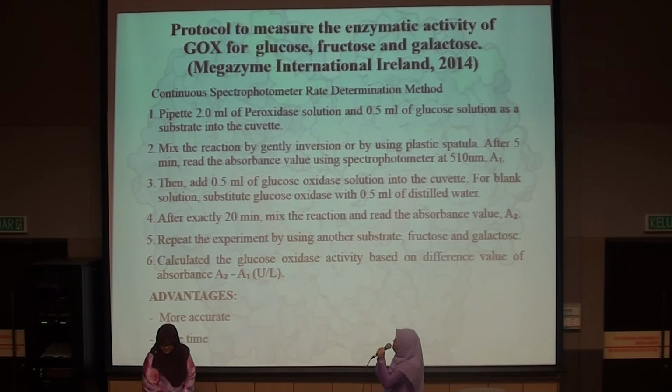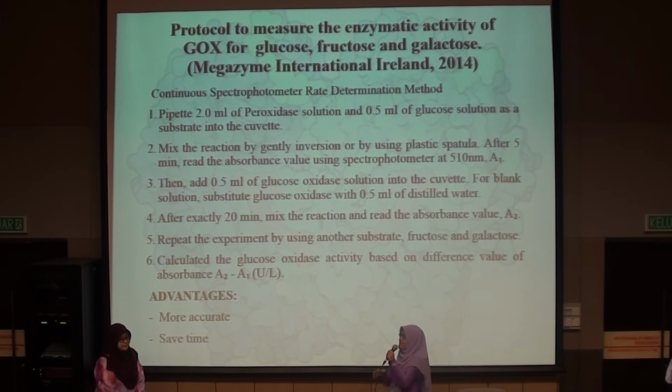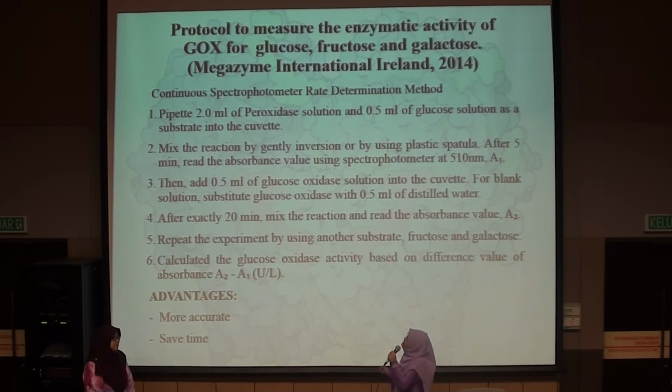Okay, task 3 asks for the protocol on how to measure the enzymatic activity of glucose oxidase on different substrates: glucose, fructose, and galactose. Based on a 2014 international journal, using the method of continuous spectrophotometric rate determination, first we pipette 2 ml of peroxidase solution and 0.5 ml of glucose solution as a substrate into the cuvette.